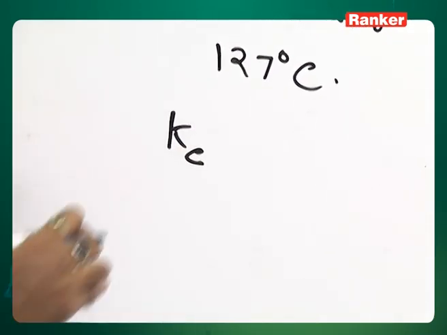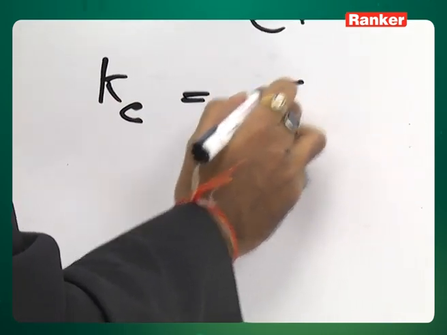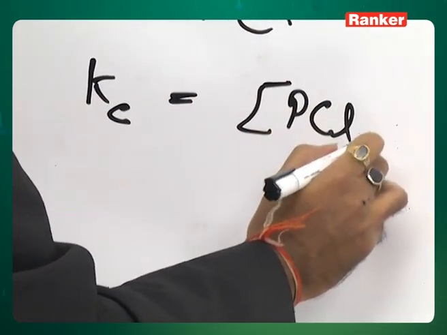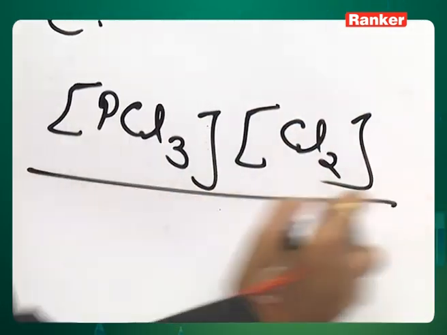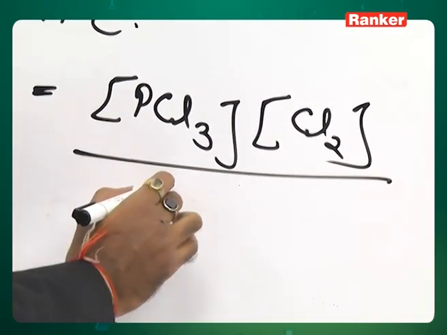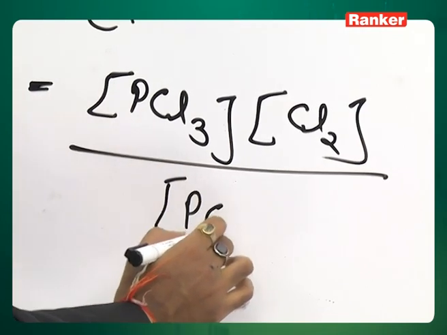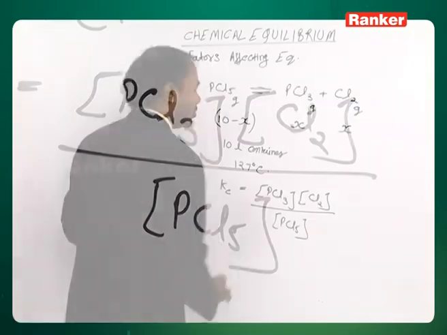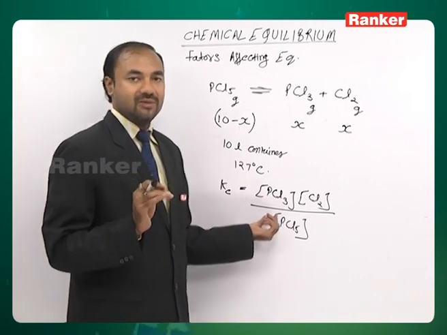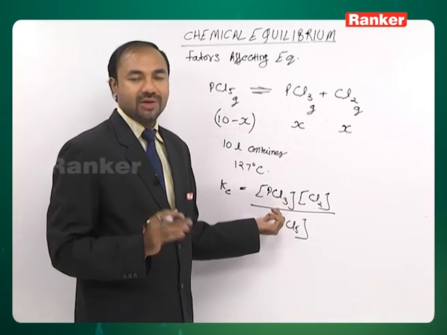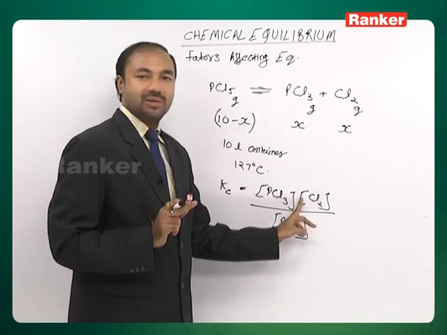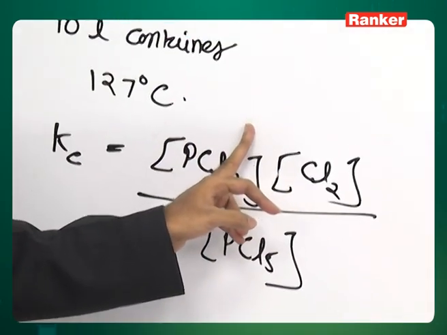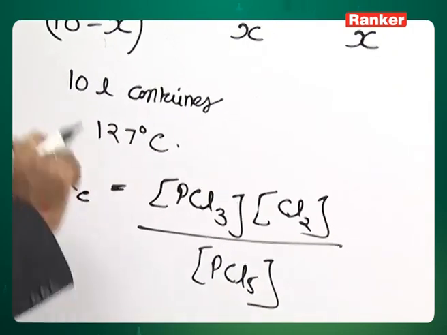and Kc will be equal to the concentration of PCl3 into Cl2 upon the concentration of PCl5. Remember, we are talking about concentrations, not moles. This is one very usual mistake, a very general mistake which students make, that instead of writing concentration, they simply write moles and get the wrong answer. Okay, so don't make this mistake. We are substituting the values now.